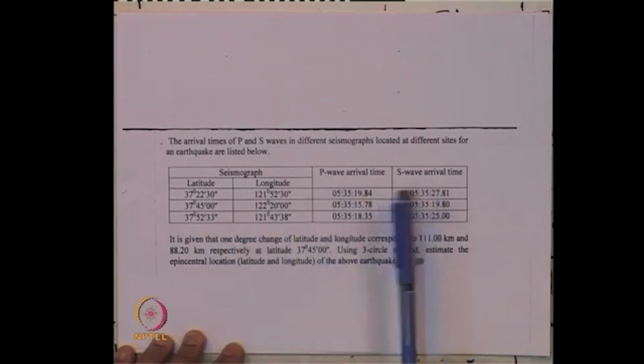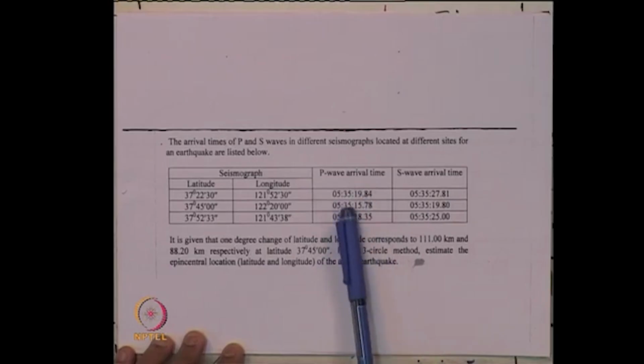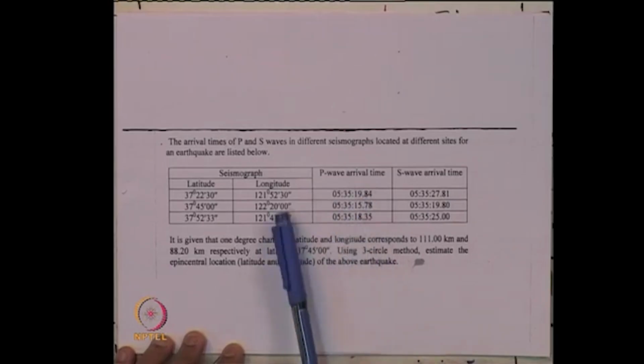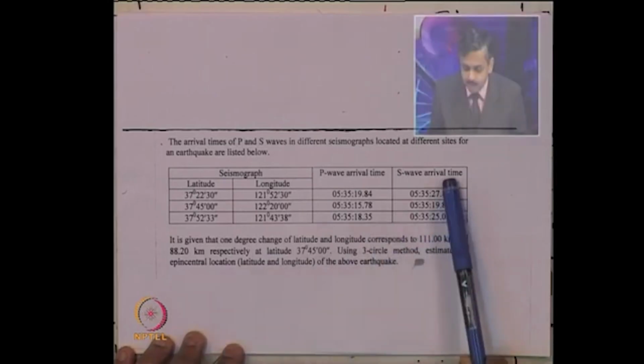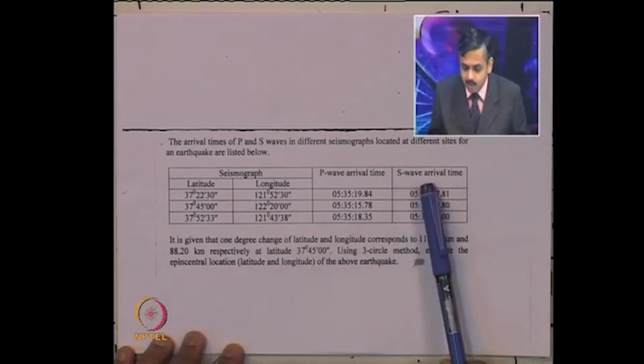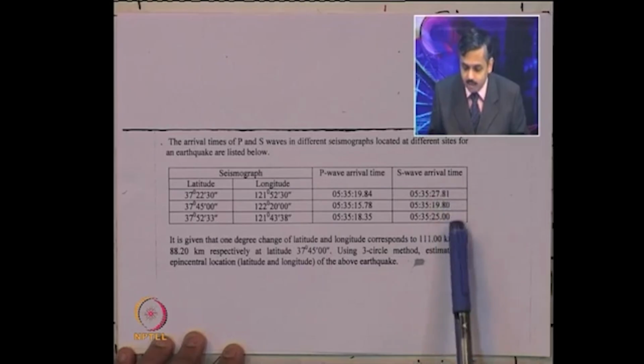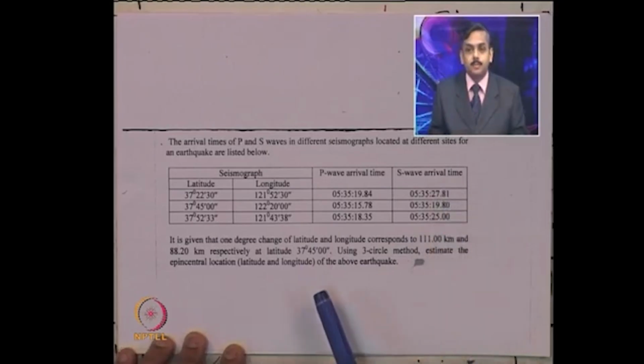This column shows the P wave arrival time at the individual seismograph stations, and this column gives us the S wave arrival time in these 3 seismograph stations.